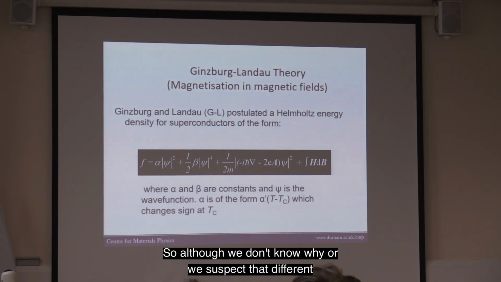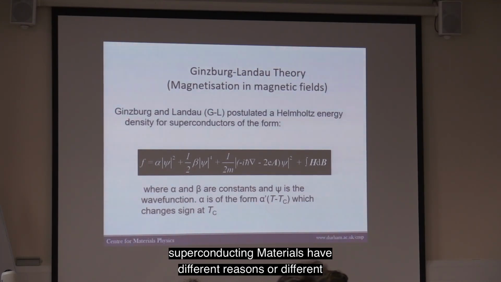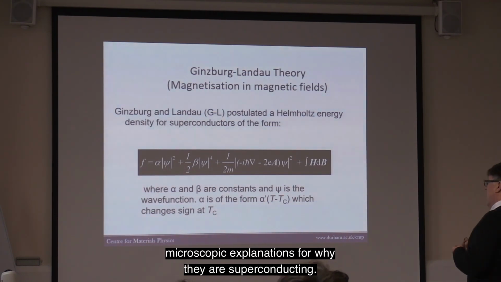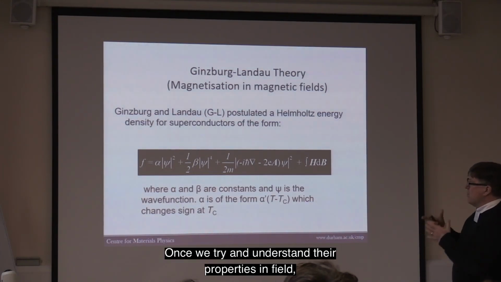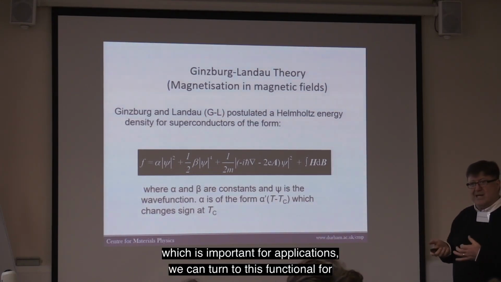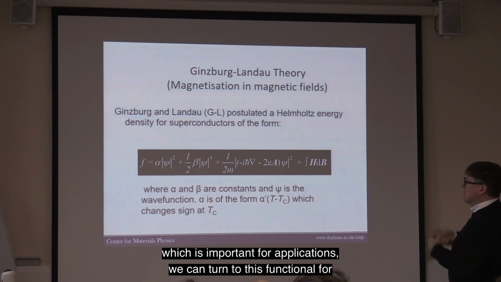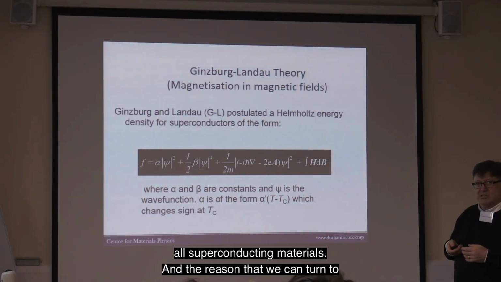So although we don't know why, or we suspect that different superconducting materials have different reasons or different microscopic explanations for why they're superconducting, once we try and understand their properties in field, which is important for applications, we can turn to this functional for all superconducting materials.